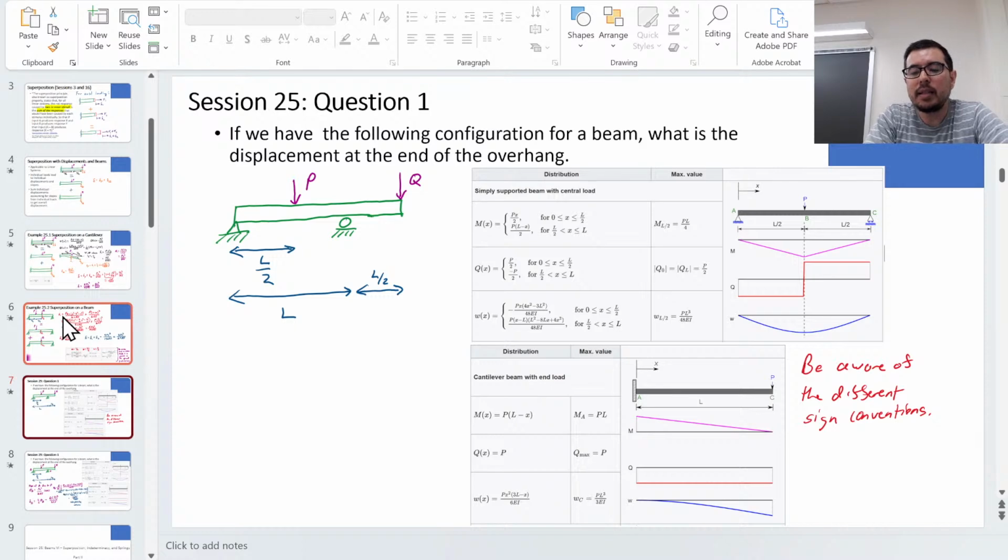You'll see that sometimes you're given these charts, and as I talk about in the videos, they use different sign conventions, so be very, very, very careful. When you say sign convention, you mean just like the positive for a deflection? Yes, that's the sign. So we consider V as positive if it's deflecting upward.